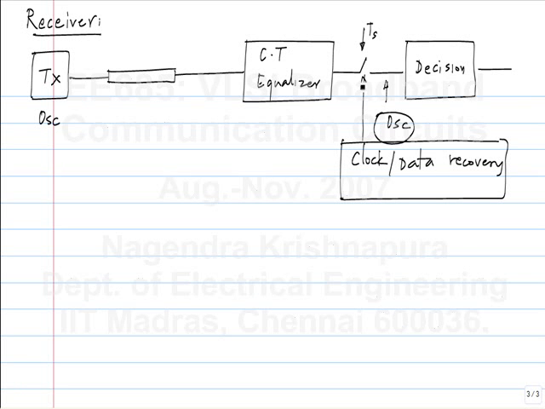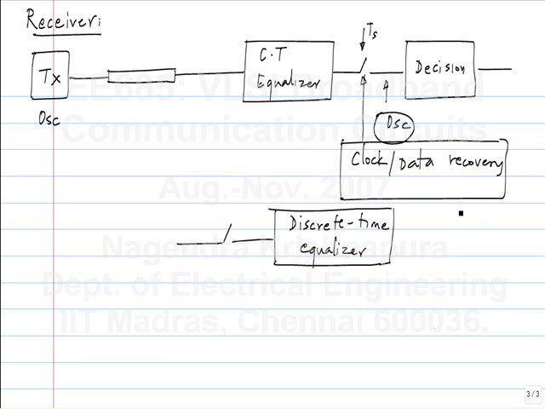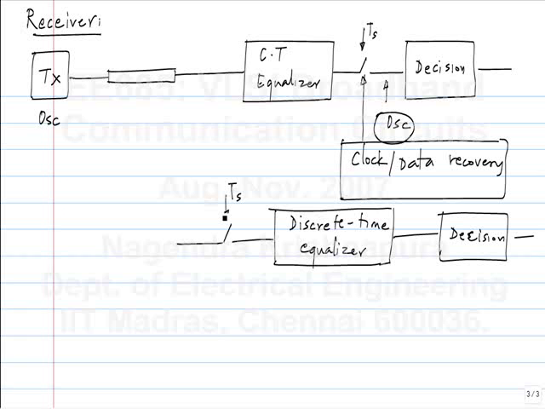We'll discuss this later in the course, but for now we assume that we somehow have the correct clock with which we do the sampling. So this is one possibility. Another possibility is we sample the input signal and have a discrete time equalizer which is followed by the decision block. What are the advantages of a continuous time equalizer?